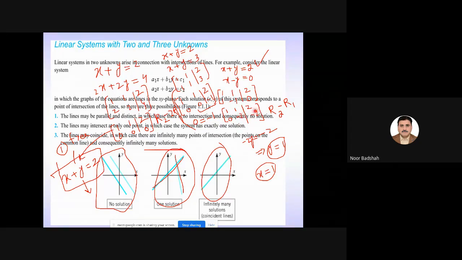This quantity and this quantity, they are non-zero. We don't care about this one, we only care about this one. If this quantity is non-zero, the system will be having unique solution. Whereas in case of no solution, this position is 0, whereas this is non-zero, right? Then we say the system has no solution. And if both are 0, this one is 0 and this one is 0, in that case, we are having many solutions.